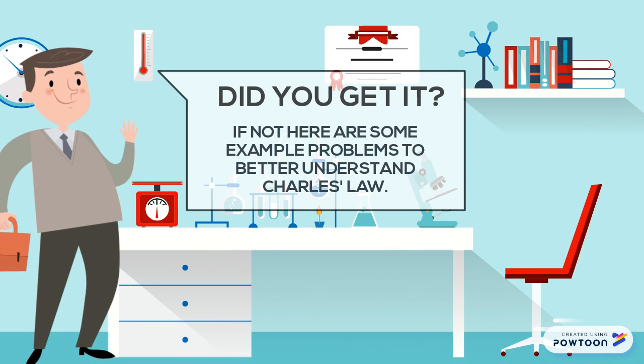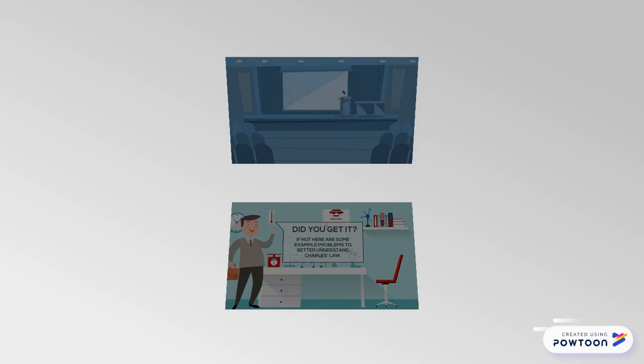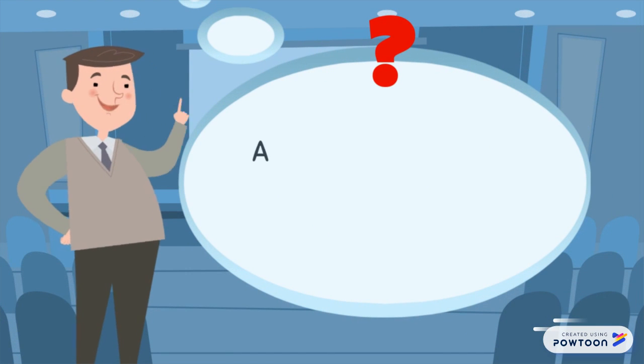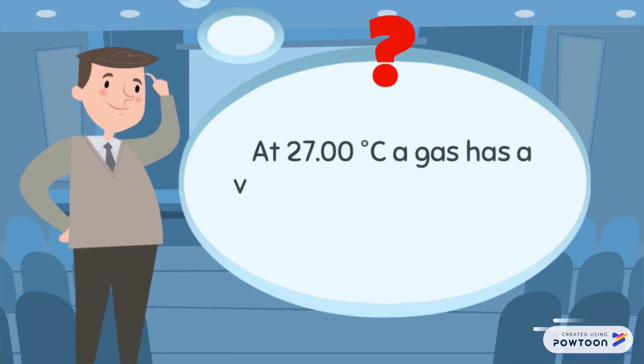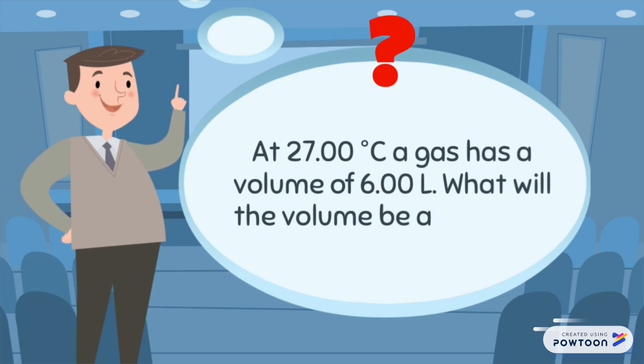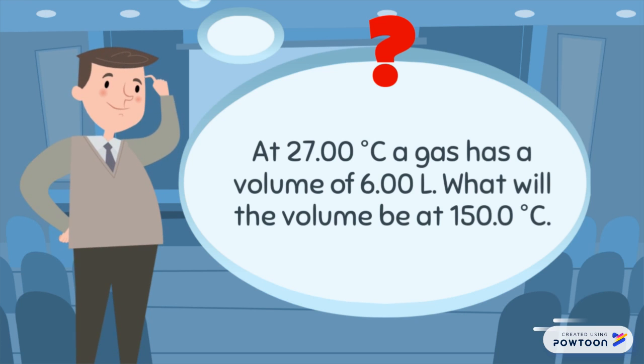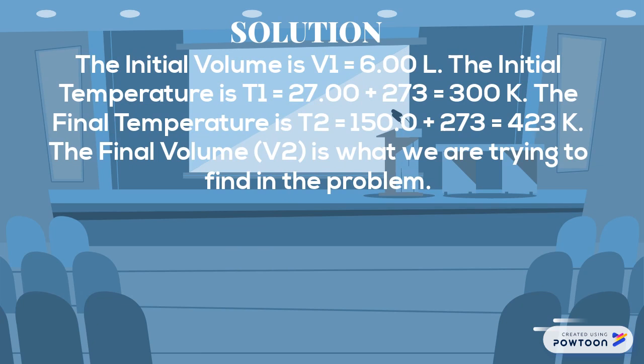Did you get it? If not, here are some example problems to better understand Charles' law. At 27 degrees Celsius, a gas has a volume of 6 liters. What will the volume be at 150 degrees Celsius? Solution.